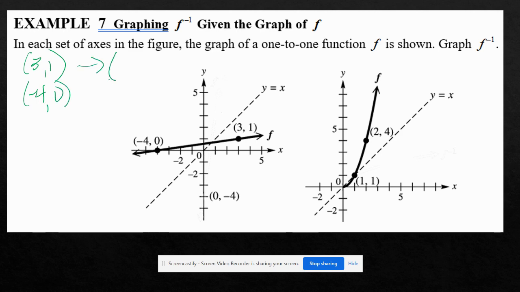So the inverse, remember, we take the ordered pairs, swap x and y. 1, 3 and 0, -4. So if I plot 1, 3 and 0, -4, draw that line, now we have a graph of the inverse function.